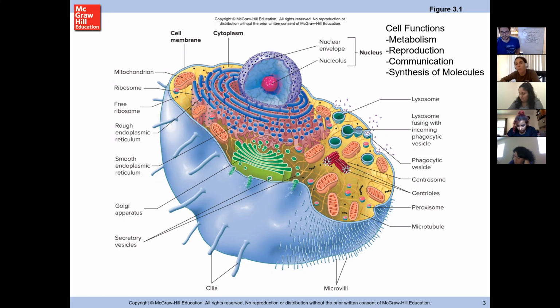So this is why really large animals on this planet can only have a certain size cell. If they get too big or too small, then they can't perform the same metabolic activities that they would normally, right? So how much surface area a cell has relative to how much volume, or 3D space, it takes up is important.